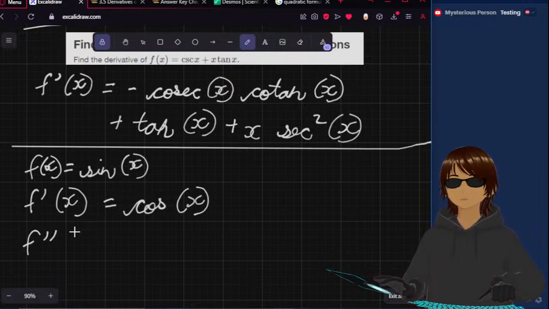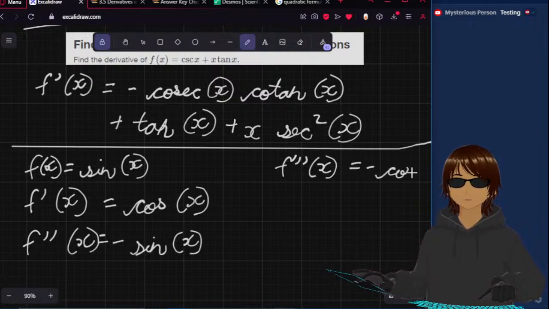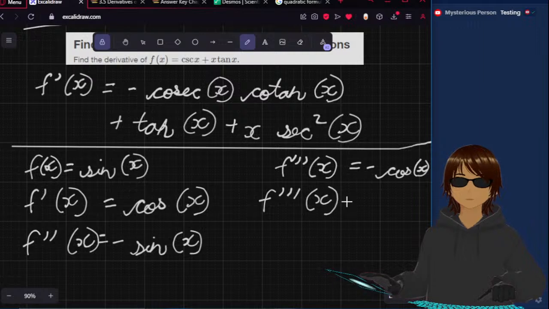Second derivative is minus sine x. Third derivative would be minus cos x. Then fourth would be sine.